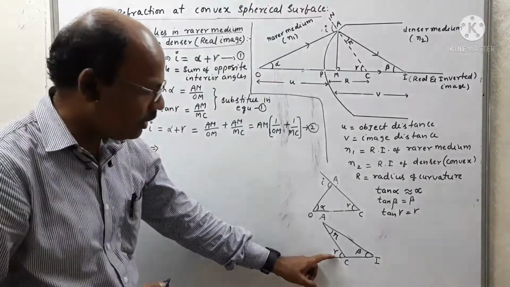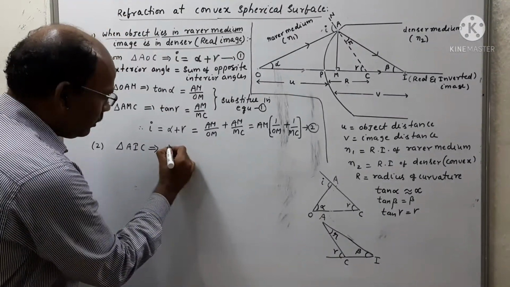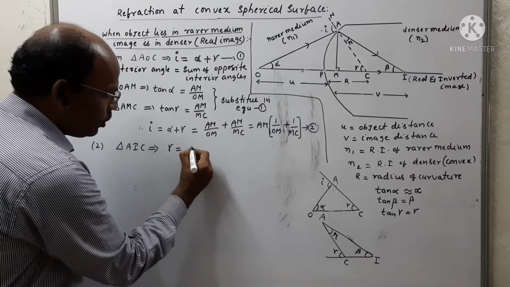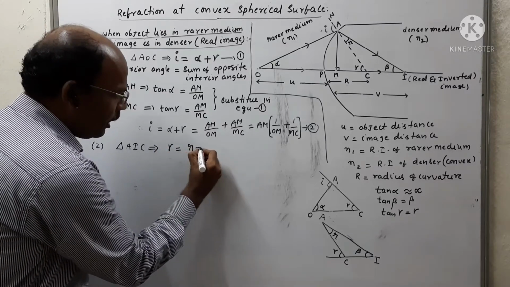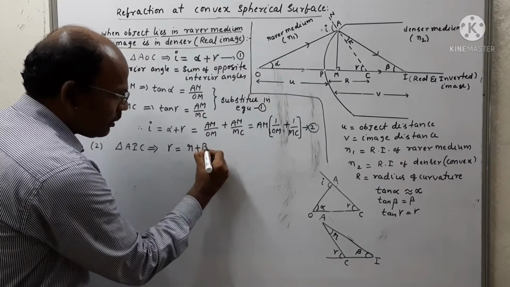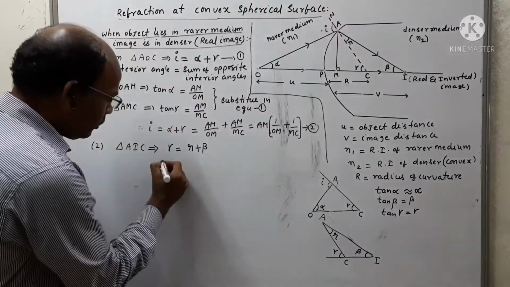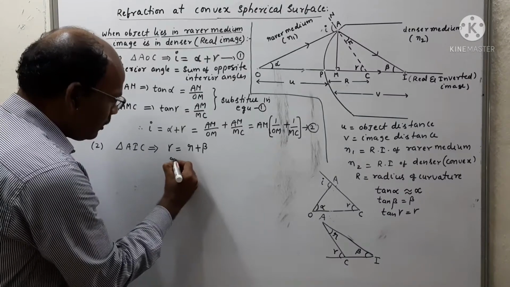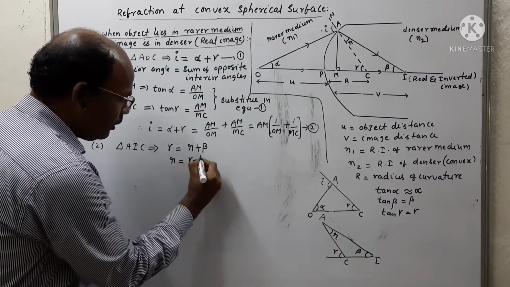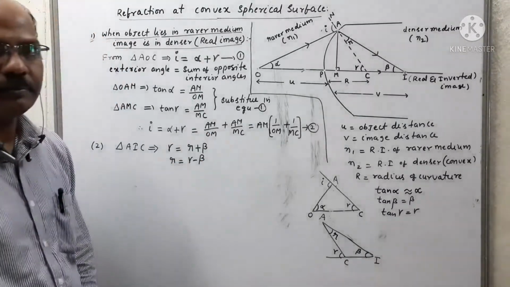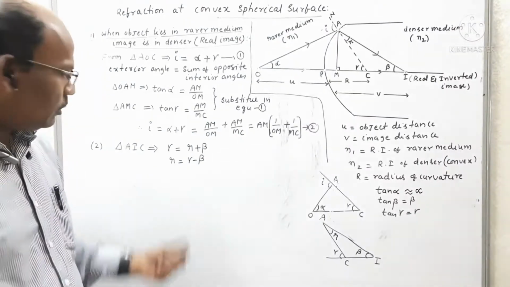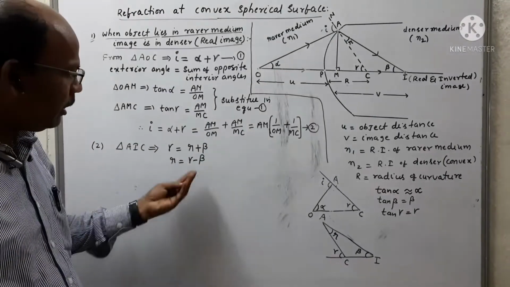So what is the exterior angle? Gamma. So we can write exterior angle gamma is equal to opposite interior angles R plus beta. But we want to find the value of R. So implies R is equal to gamma minus beta. Okay. So R is equal to gamma minus beta.